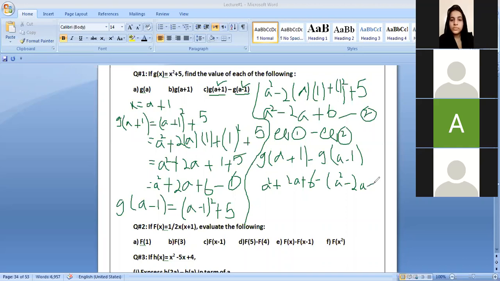Okay, equation 1 minus equation 2. I wrote the second term in a bracket. Before the second term we have a minus sign. Before the second bracket we have a minus sign, and when we open the bracket, it becomes 2a plus 6.